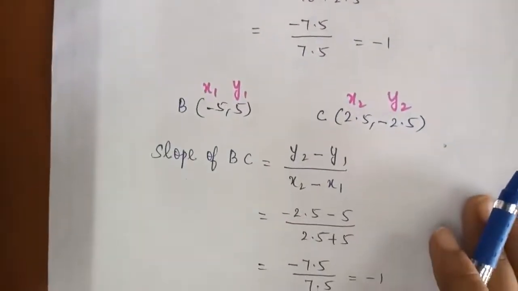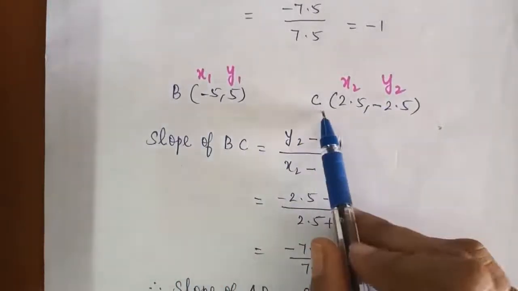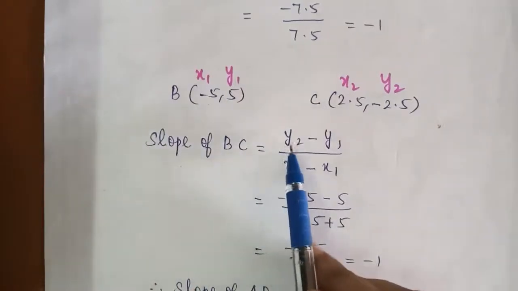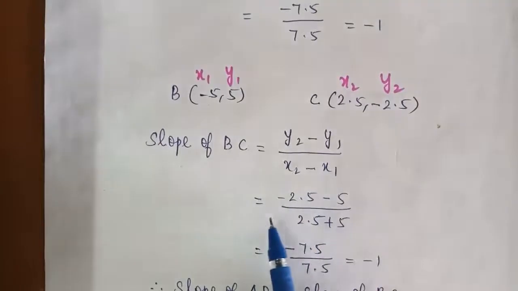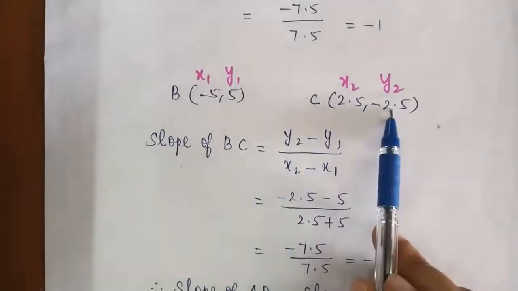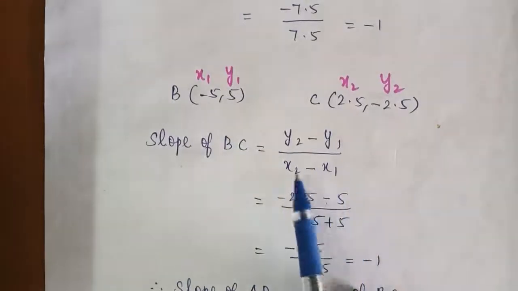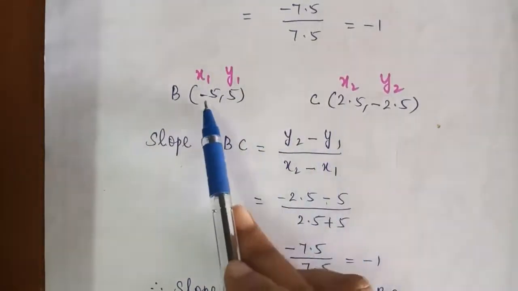Also you have to find the slope of BC. So B coordinate is minus 5 comma 5, C is 2.5 comma minus 2.5. So slope of BC is equal to y2 minus y1 divided by x2 minus x1, which is equal to y2 value is minus 2.5 minus y1 value is 5, divided by x2 value is 2.5 minus x1 value is minus 5.